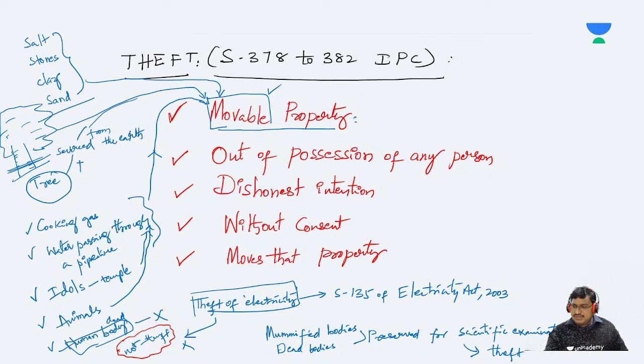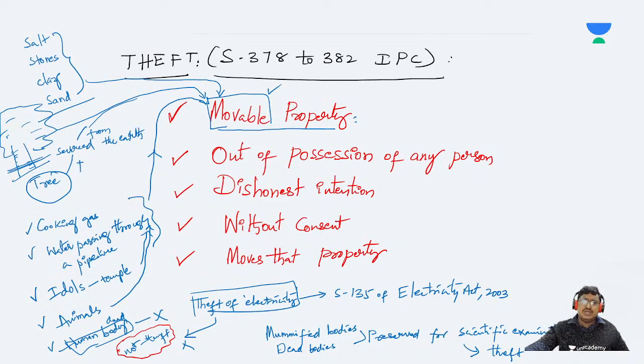Here, whenever a movement takes place with regard to that movable property, thereafter it becomes a theft. Even concealment of that property, taking it into the accused's own house, is not at all necessary.